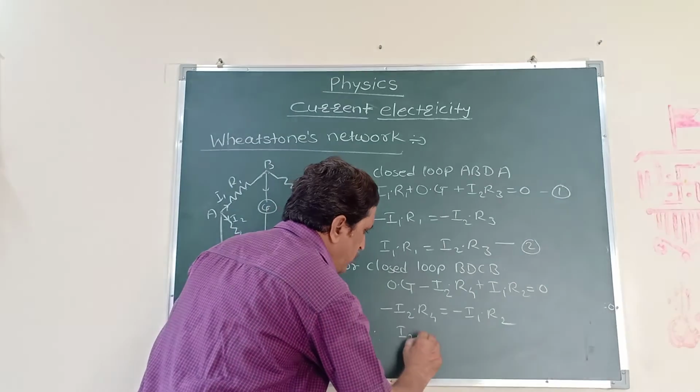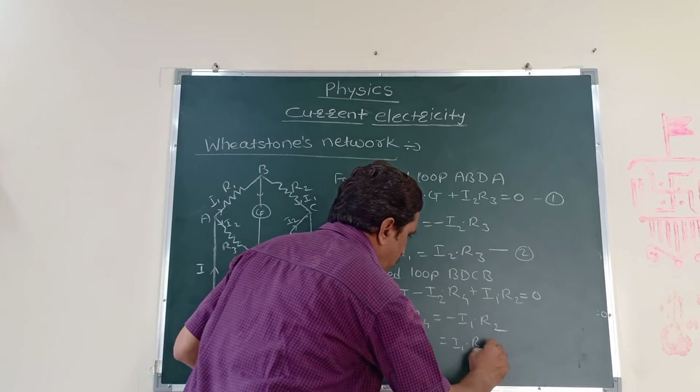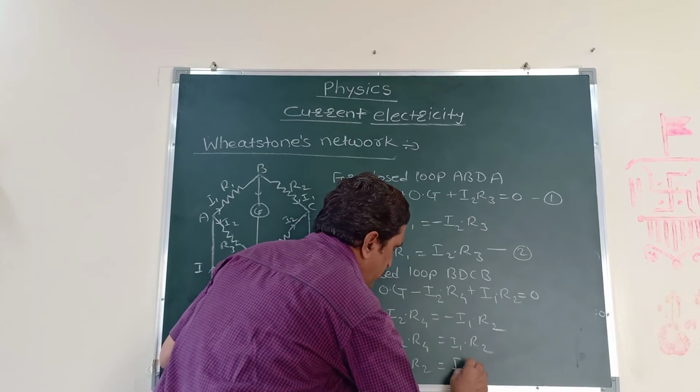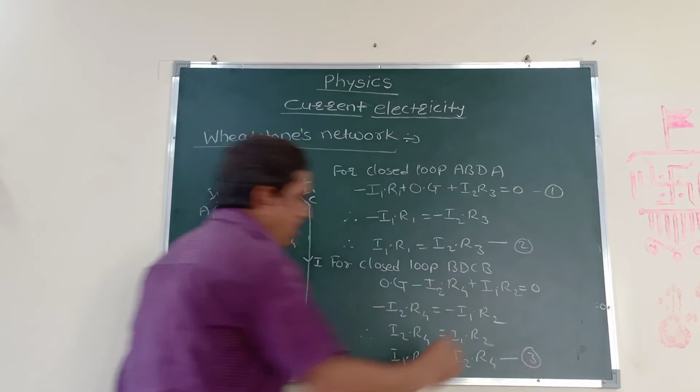Therefore we can write I2 into R4 is equal to I1 into R2, or indirectly we can write I1 into R2 is equal to I2 into R4. Give it equation number 3.